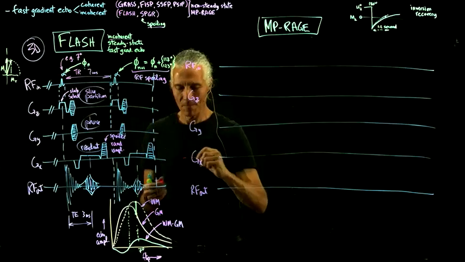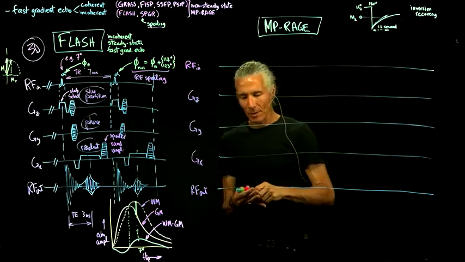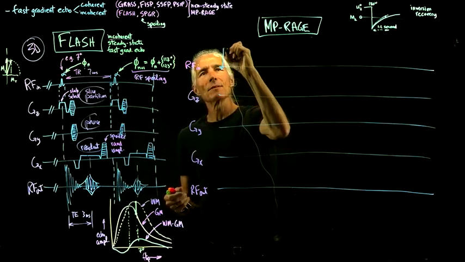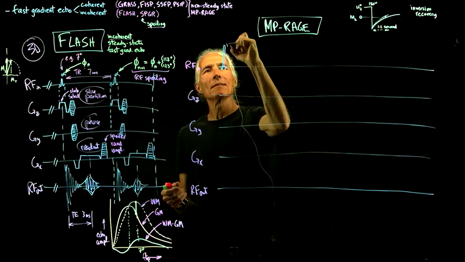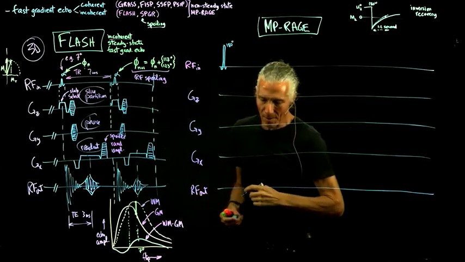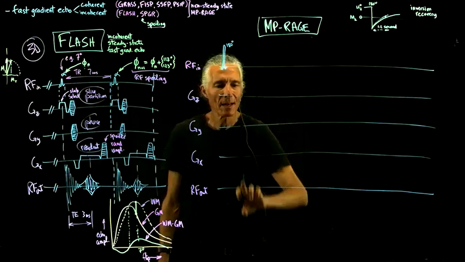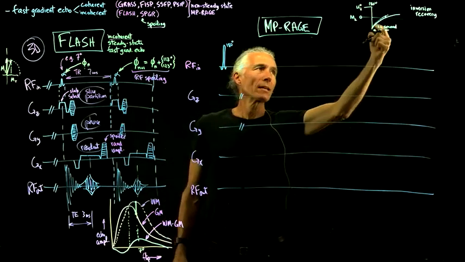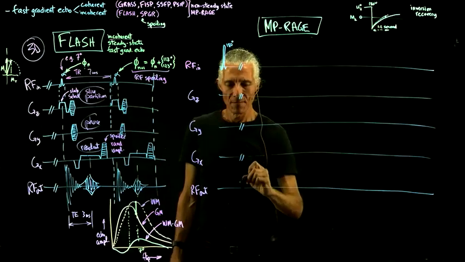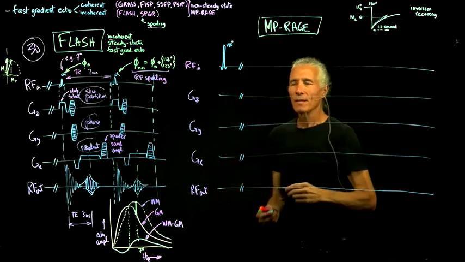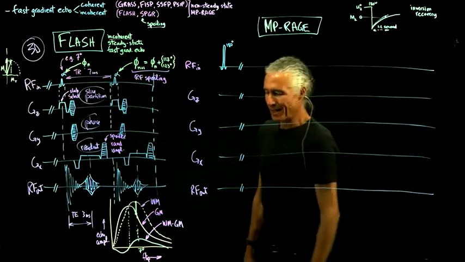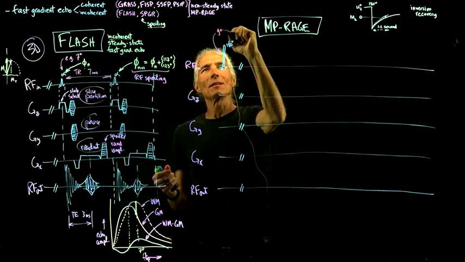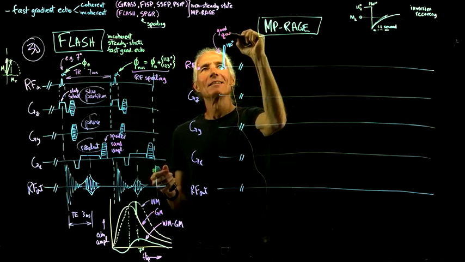So the first thing we do now is an inversion pulse. If we haven't recorded any data, we do a 180. And since we're going to have a gap in time here, like a second, waiting for some recovery to occur, we can do a good quality, adiabatic 180 pulse.